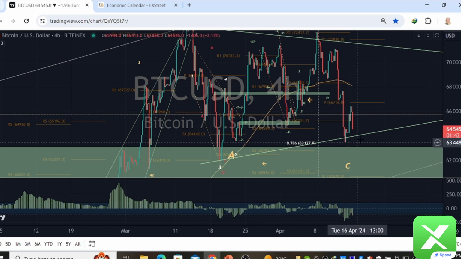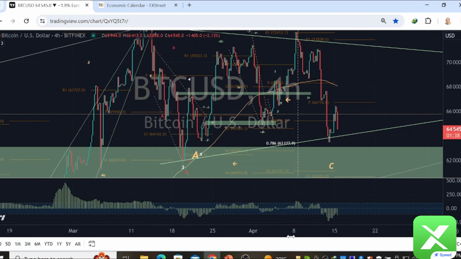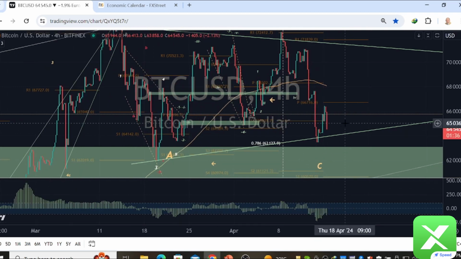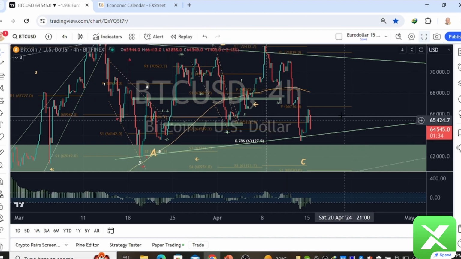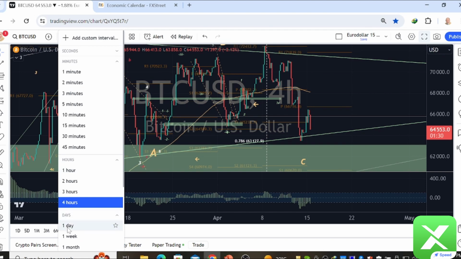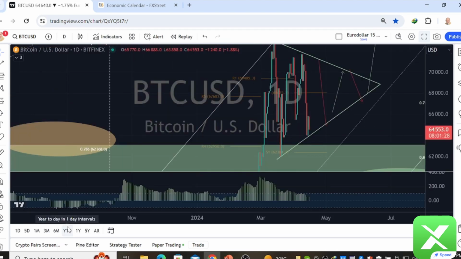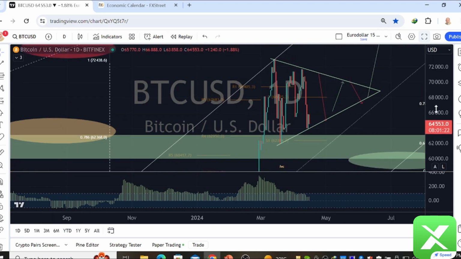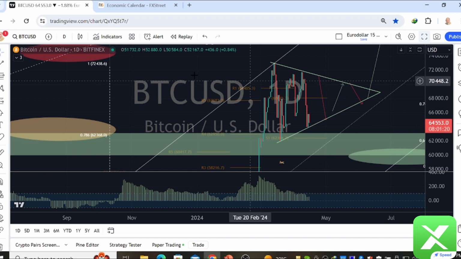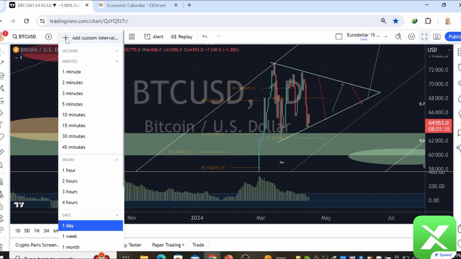And therefore, yes, we can attack the lower boundary of this asymmetric triangle, but I believe we ultimately resolve to the upside. The daily remains positive, just below the both levels. And of course, the asymmetric triangle formation is shown here more strongly.